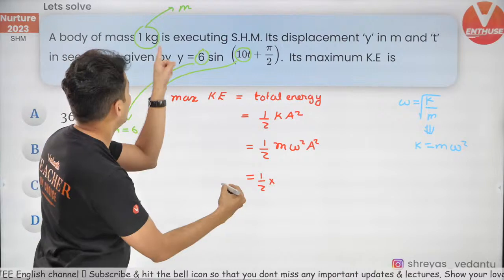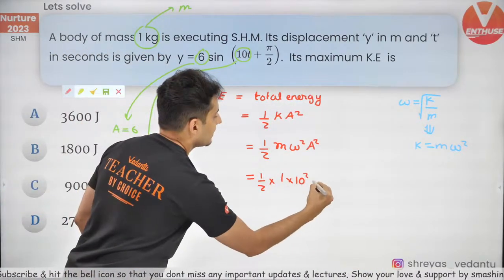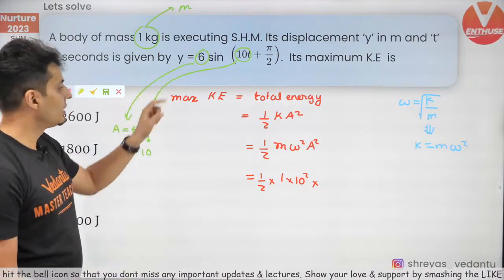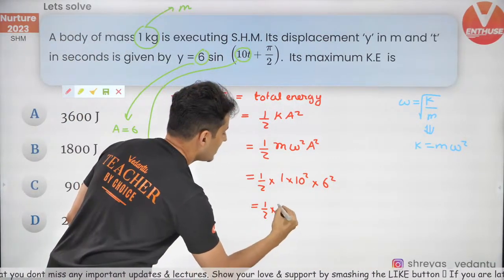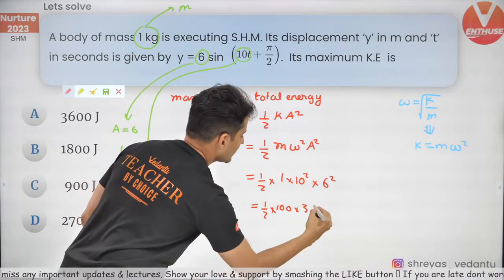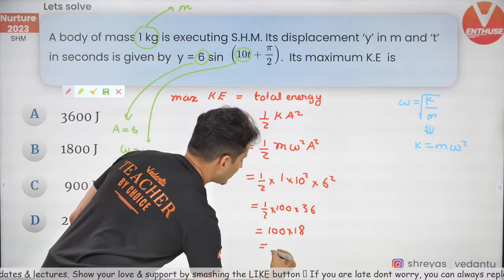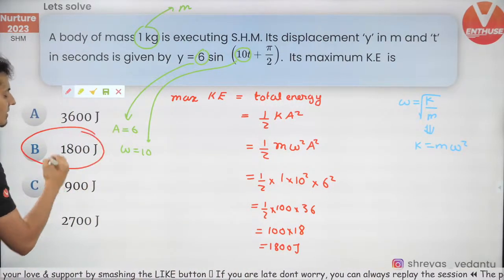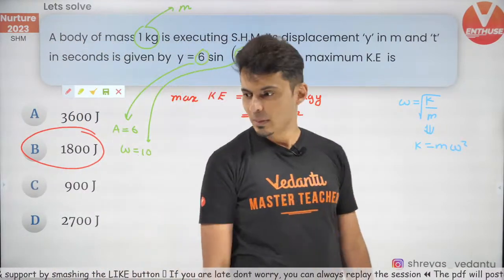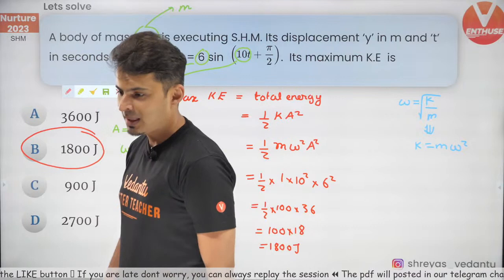Half into mass, which is 1, into omega, which is 10 square, into amplitude, which is 6 square. So this will be half into 100 into 36, which is 100 into 18, which is 1800 joules. And I think B answer should be correct. Perfecto. I hope this is clear.